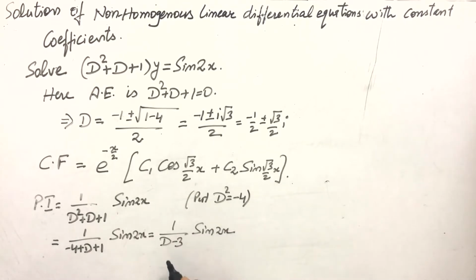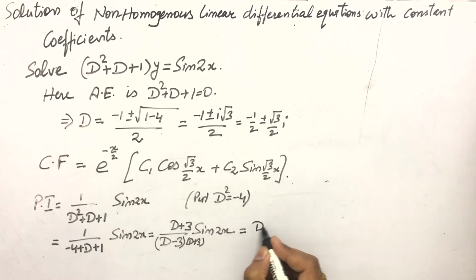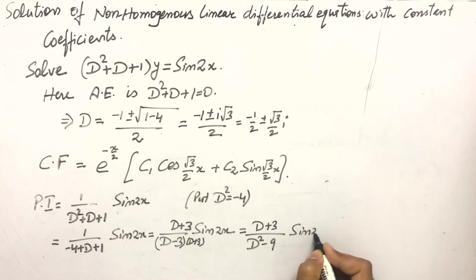Now how can we make this a square? Very easily we can multiply and divide by D plus 3. So this becomes D plus 3 upon D square minus 9, sine 2x.